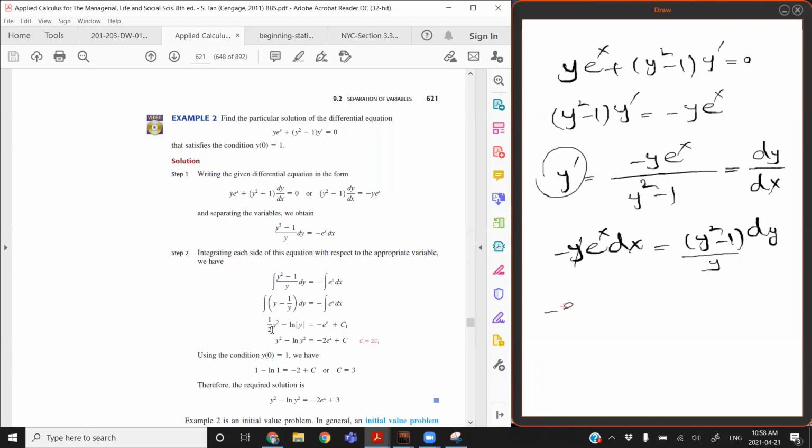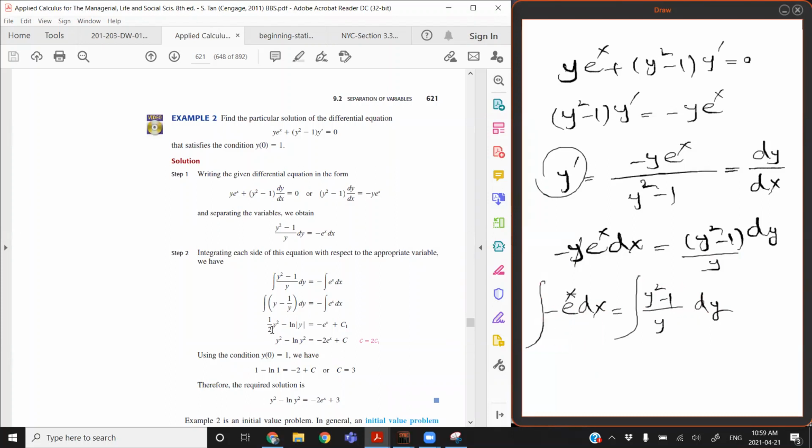So I get negative e to x dx is going to be y squared minus 1 over y dy. So this turned out to be a separable differential equation, because I could separate the x's and the y's. And now you have no y on this side and you have no x on the other side.